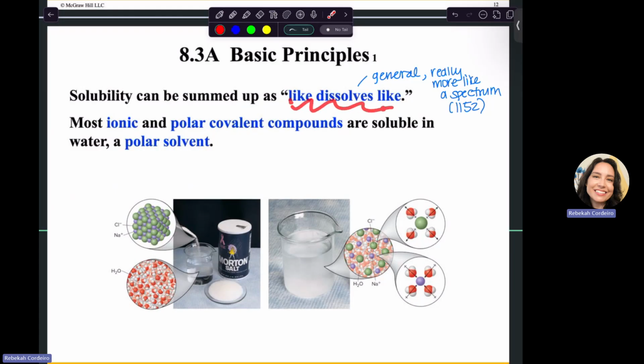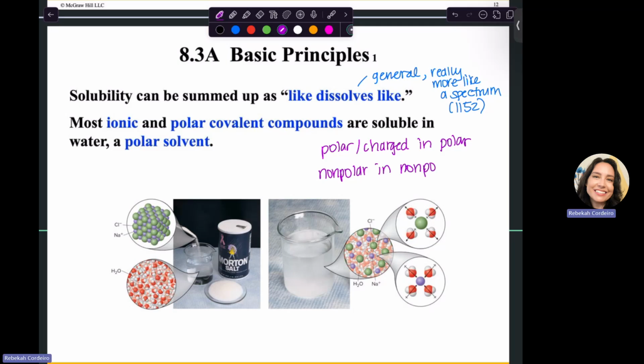But in general, we can say like dissolves like. That means polar dissolves in polar, and nonpolar dissolves in nonpolar. So polar and charged stuff go in polar solvents, and nonpolar in nonpolar. If you are similar to the thing you're trying to dissolve with, you're more likely to dissolve.